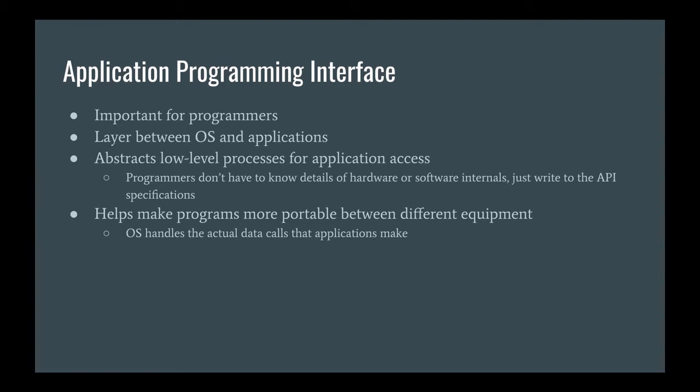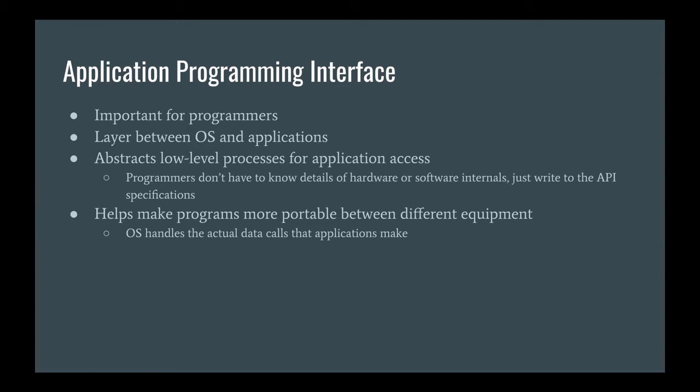The APIs a lot of developers are familiar with are particularly web applications. The REST API, for example, for HTTP protocols and stuff like that. So basically what an API is, is a black box for developers.